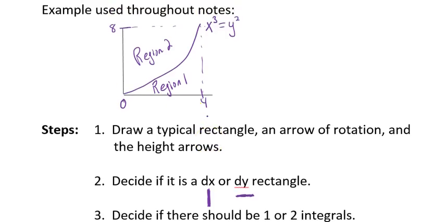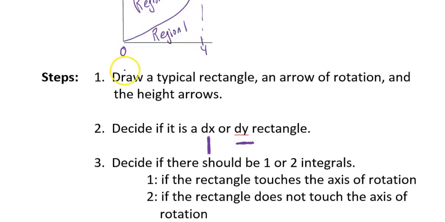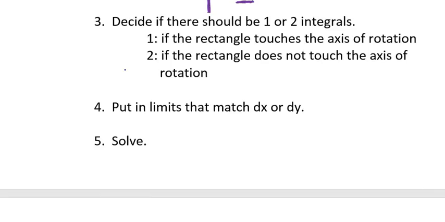If we decide that we have a dy rectangle, our limits will be with the y-axis, which would be, in this case, 0 to 8. And again, that's going to change when problems get changed, but throughout the notes I use that same one. And then we're going to solve those integrals.